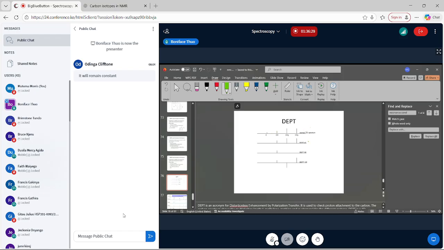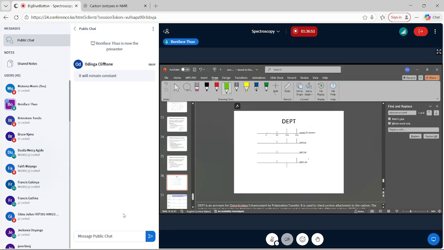So in normal carbon-13, all peaks are visible. In what is known as DEPT 45, the carbons which have no protons are not visible. And in DEPT 90, only the carbons having one proton are visible.